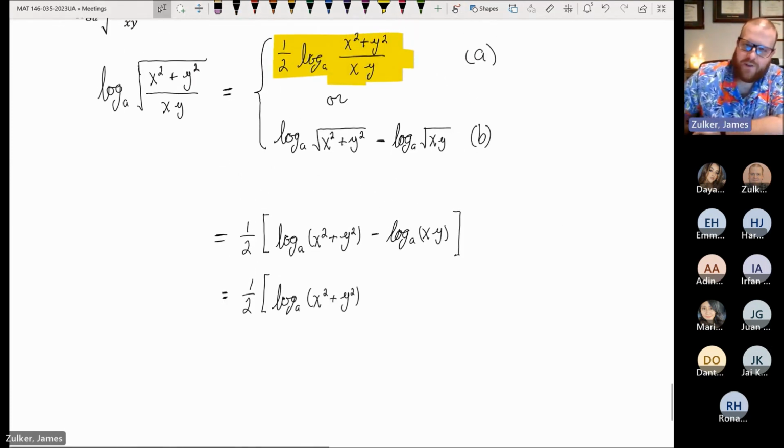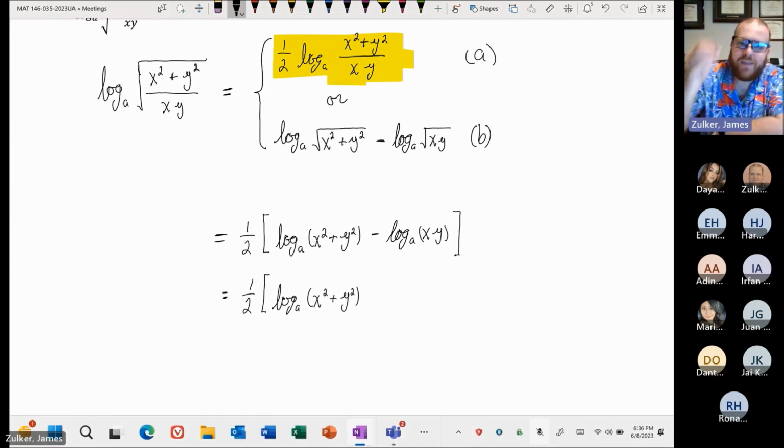I said, next thing that we noticed is we had a log of a quotient. Right, that's where this step came from.